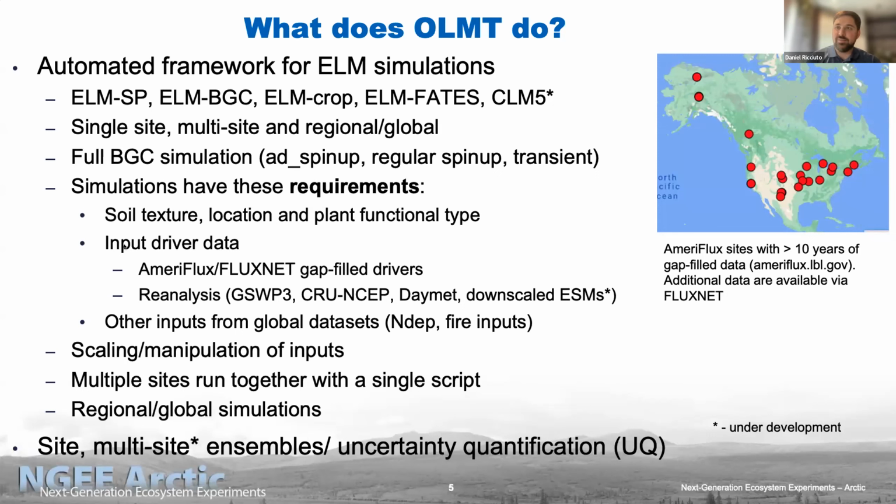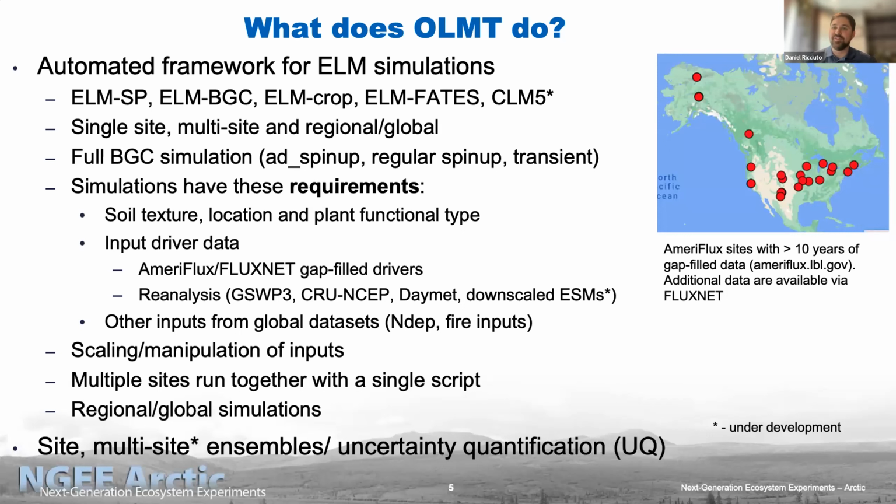Depending on what we want, if we're running single site simulations, we can use Ameriflux tower observations, gap-filled drivers, or other direct surface observations. If we're running regional simulations, typically we use some kind of reanalysis data. We've used mainly GSWP3 in the past, but there are several out there.